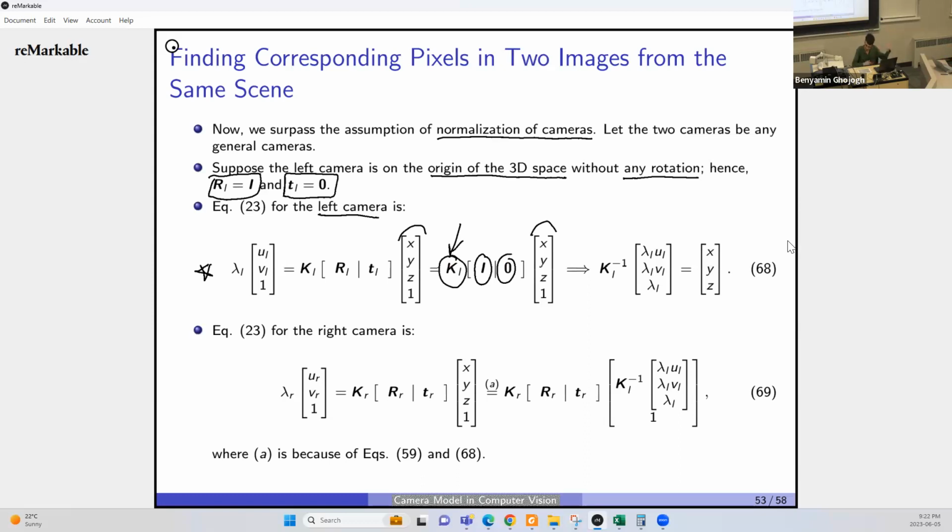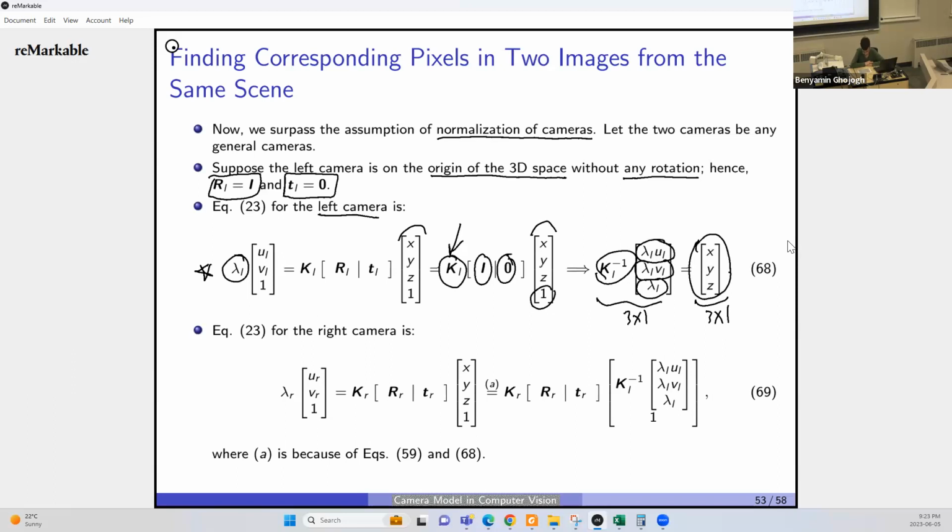Let's get rid of that. Left multiply both sides by KL inverse. Therefore, this goes away, and I will have KL inverse. I also multiply lambda L by the elements, so I will have lambda L UL, lambda L VL, and lambda L, right? This 0 also is multiplied by 1. We don't care about that, because I want the right-hand side to be 3 by 1. So I will have X, Y, Z.